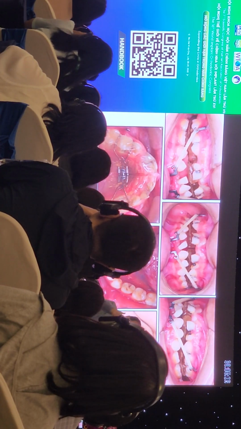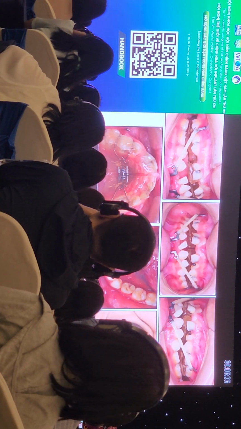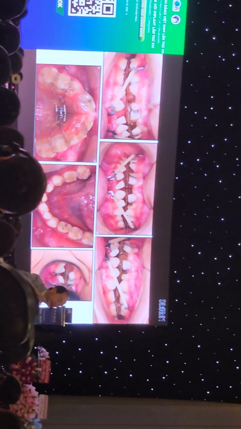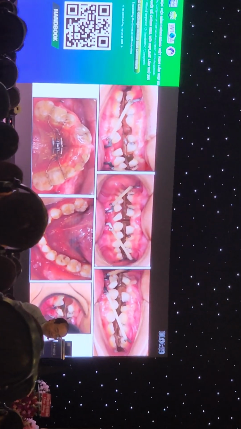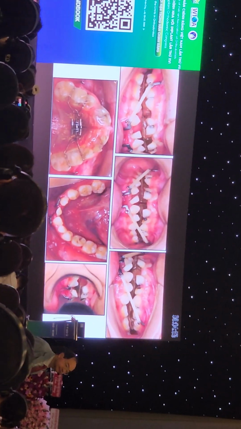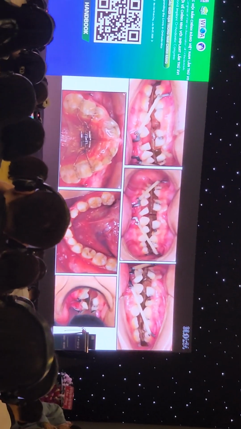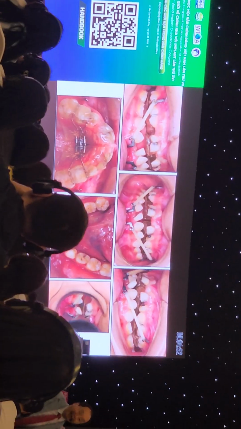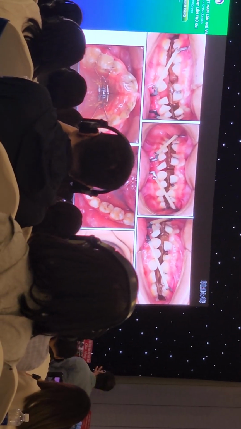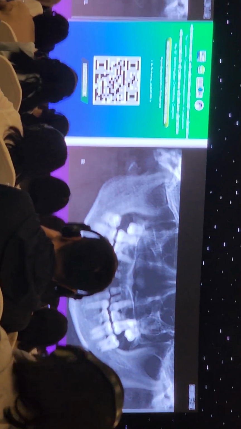So the patient wears the face mask at night for about 10 to 12 hours, with 16 ounces on each side. But you can offer the patient an alternative. You wear it for 24 hours, and you don't need to wear the face mask. So that's what we offer for this patient.